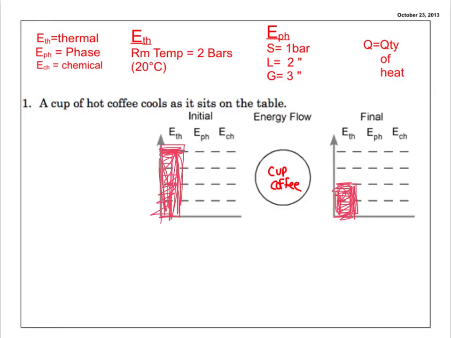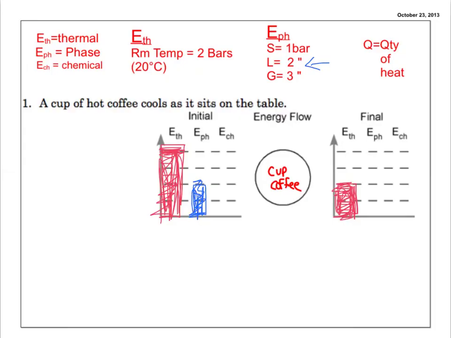Now, the next thing we're going to do is that it says that it's coffee. So coffee, we know what state of matter it is, and the state of matter for coffee is a liquid. So up here it says that for a liquid, we're going to use 2 bars for EPH for the phase. So we start out as a liquid, and we fill that in for 2 bars.